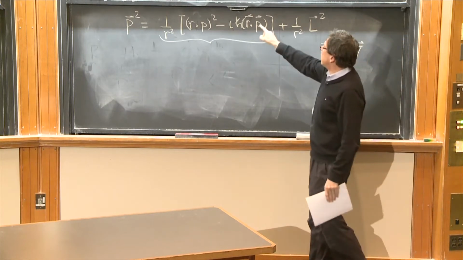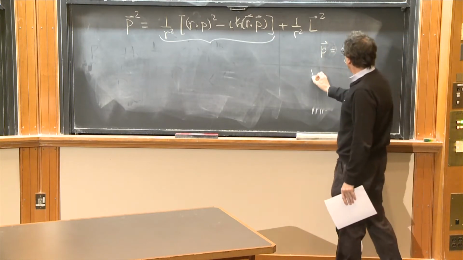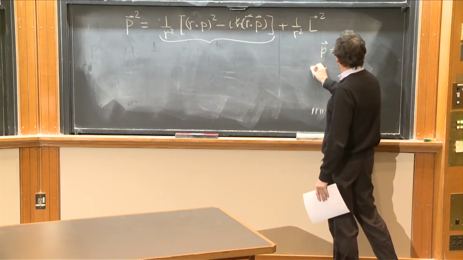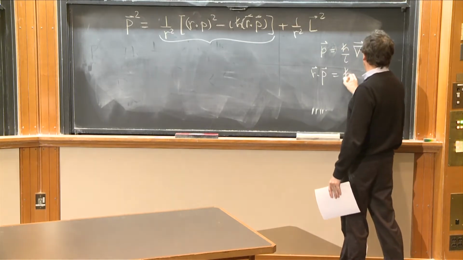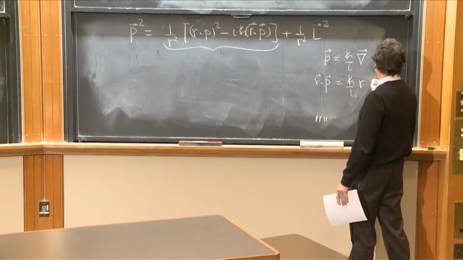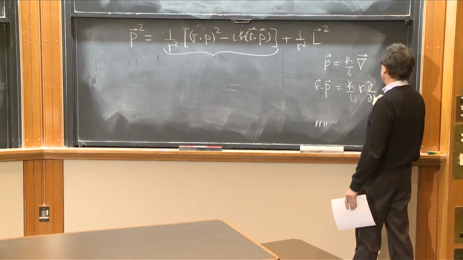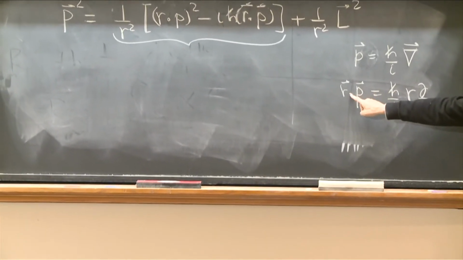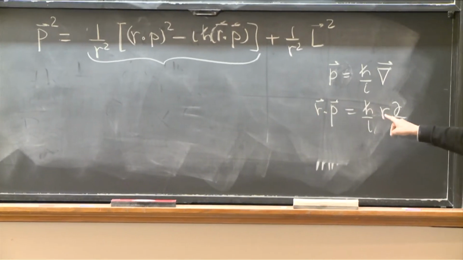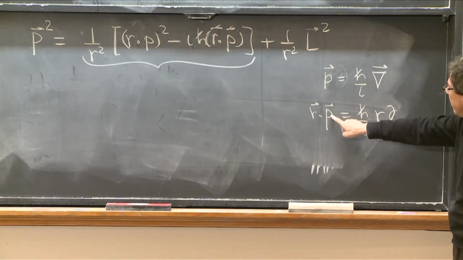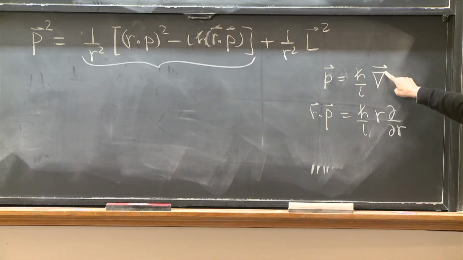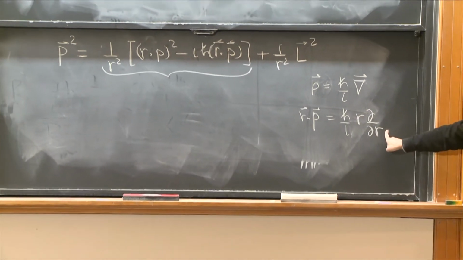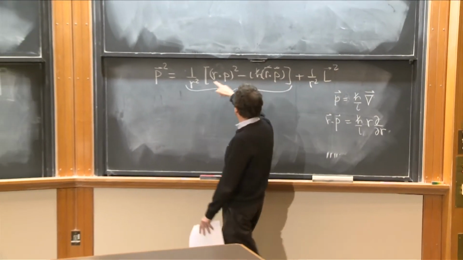And R dot P, therefore, is h bar over i R d/dr, because the R vector is the R magnitude times the unit vector in the radial direction, and the radial component of the gradient is d/dr. So this can be simplified.